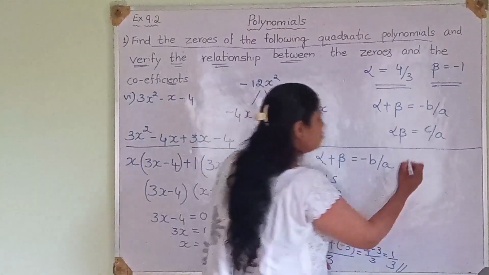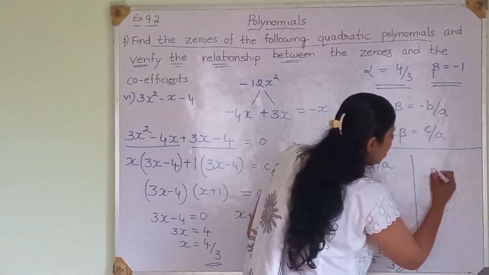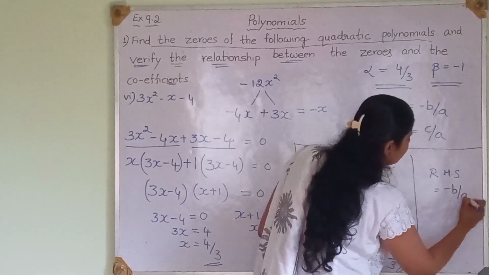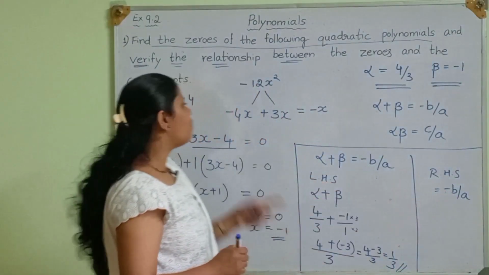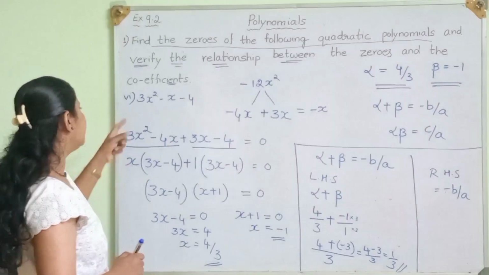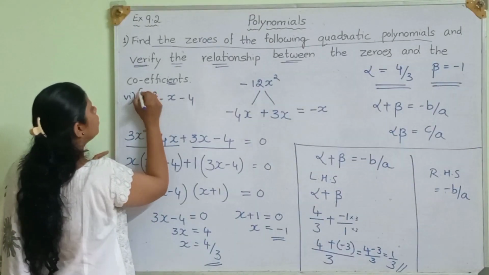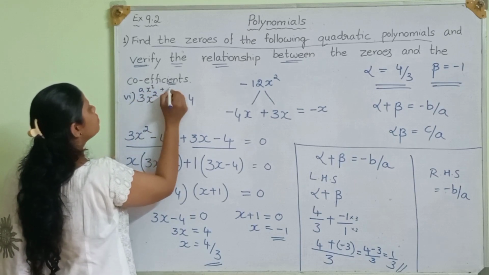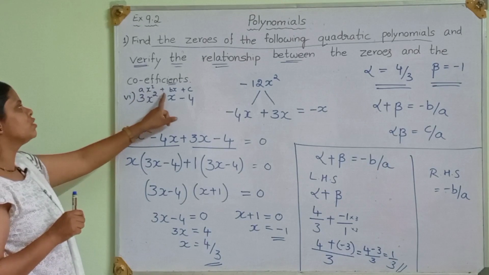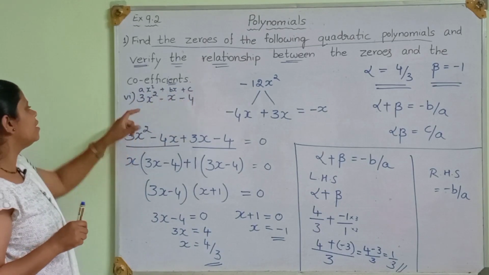Now we have to take the RHS, that is minus b by a. Let us find the values of b and a. See here, ax square plus bx plus c. The quadratic equation is in the form of ax square plus bx plus c, isn't it?